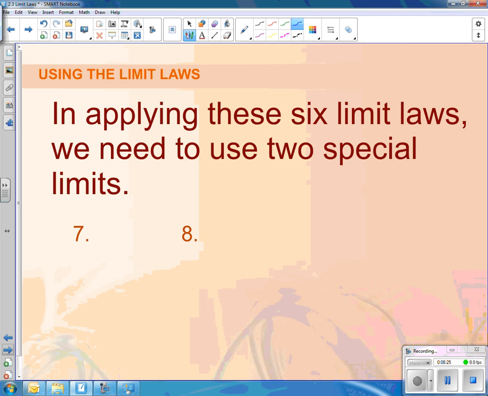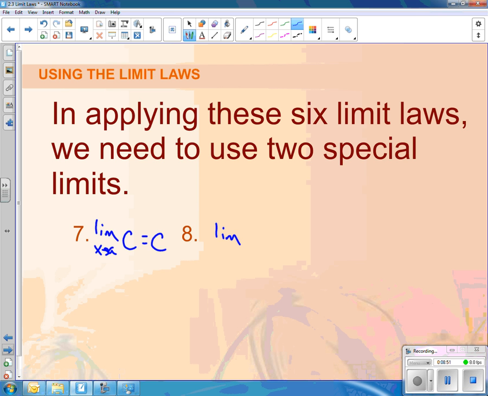All right. Next law. Once we apply these 6 limit laws, we need to use 2 special limits. The first one says the limit as x approaches a of c equals c. So the limit of a constant always equals that constant. We're not dealing with the variable here, so we get the exact same value.